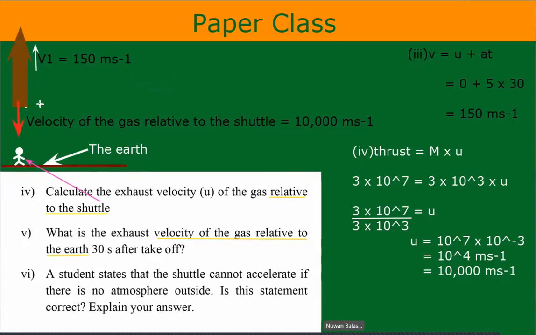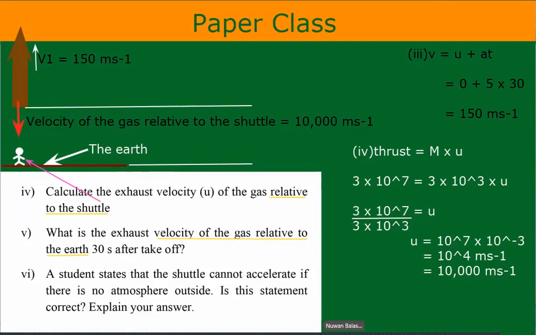Listen. Let's say the gap between man and the shuttle. Listen very carefully. I know that very good, talented students are here.